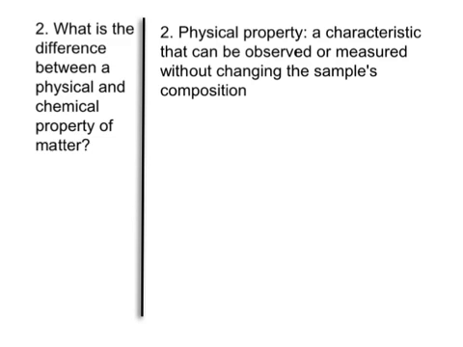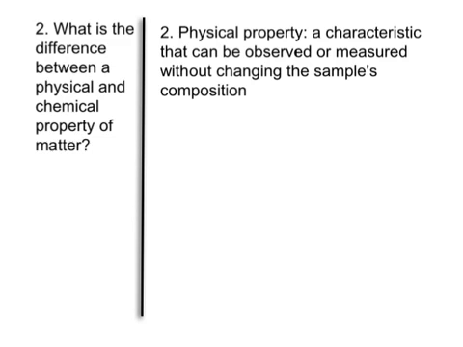Okay, so for example, water's chemical composition is H2O. So if we take liquid water and we freeze it, okay, we have solid water. It's still H2O. We haven't changed the chemical composition of water. Okay, so that's a physical property of water because we haven't changed the H2O part of it.